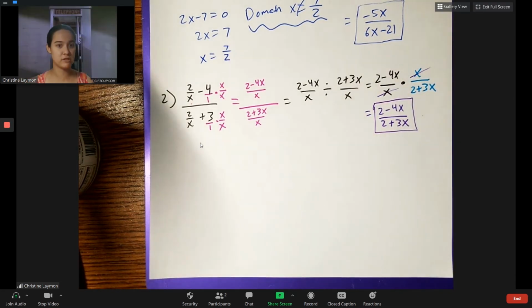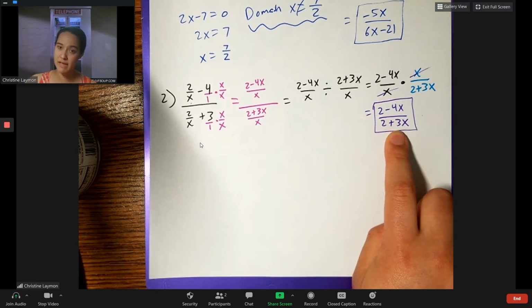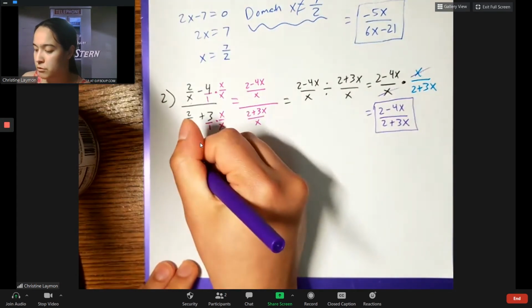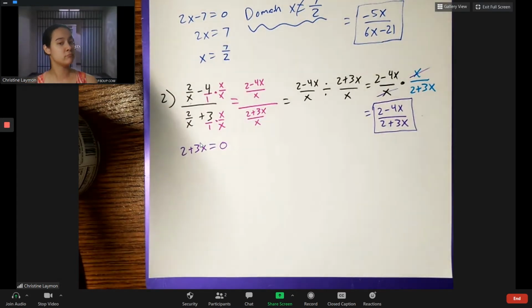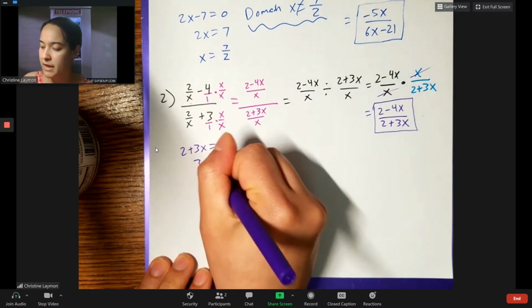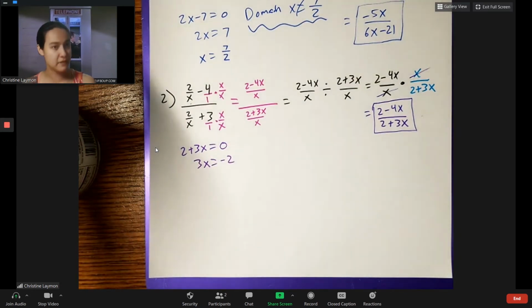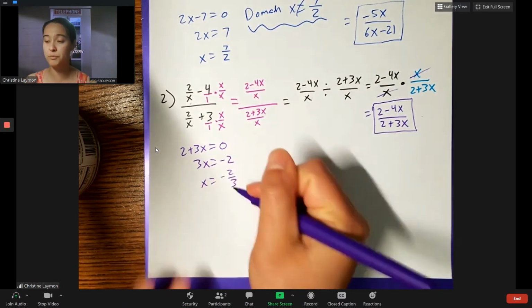Let's go ahead and check for domain. So notice here that I have a 2 plus 3x in the bottom, and that's going to be a problem. So 2 plus 3x, what causes that to go to 0? Well, let's subtract the 2 to the other side. 3x equals negative 2, divide by 3. x equals negative 2/3 will be a problem.